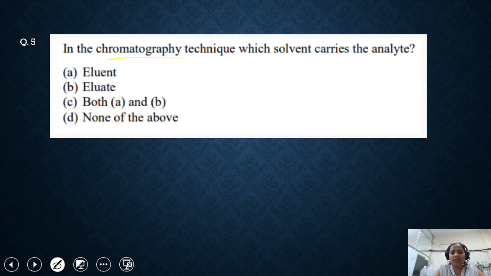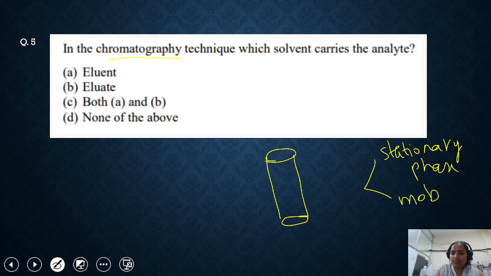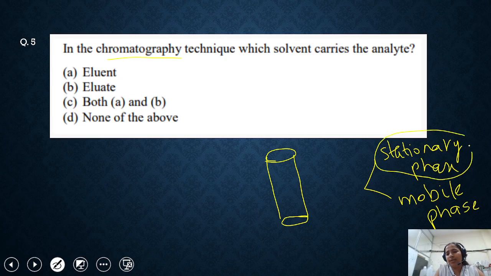Chromatography is also a separation technique, because in this the separation is based on the solubility in two different phases, that is stationary phase and mobile phase. From the name it is clear that stationary means this will stay at a place, it will not move, and the mobile phase is the solvent that is moving.